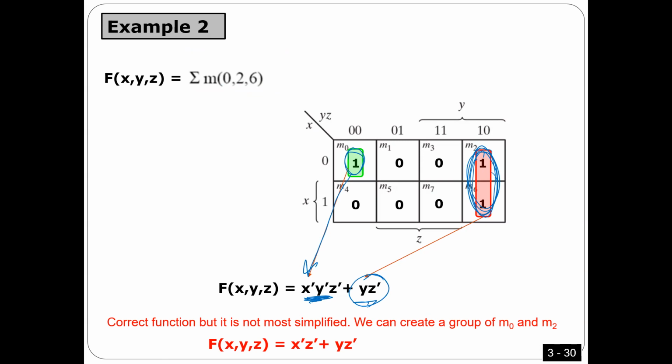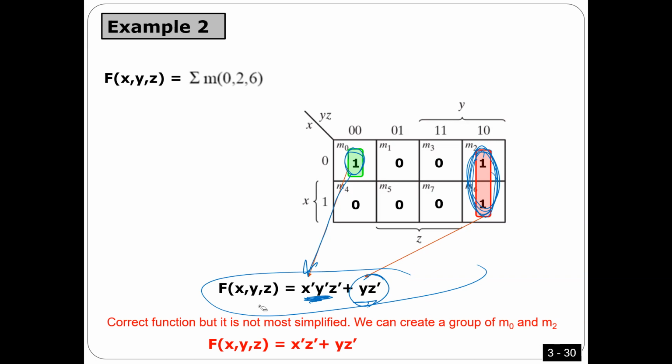Is this the most simplified version or can I do better? Remember, this function is correct. As long as you cover all ones, it's a correct function, but it may not be the most simplified. Can I do better than that? Think about this guy. This guy I can put in a bigger group.